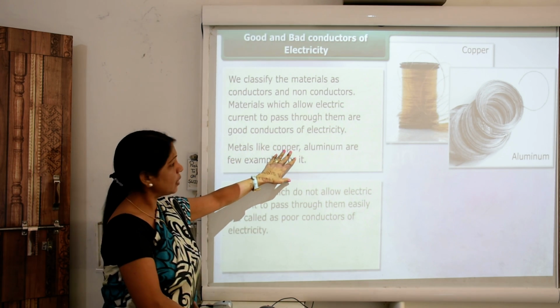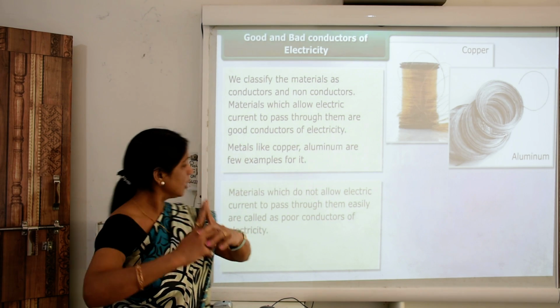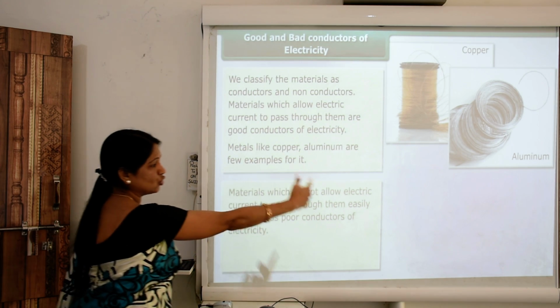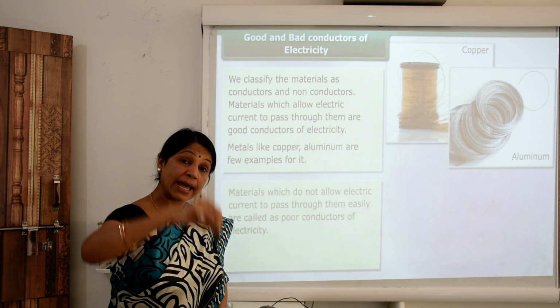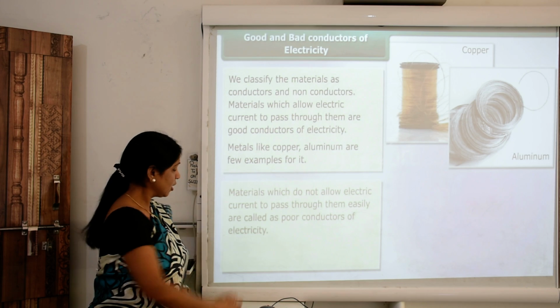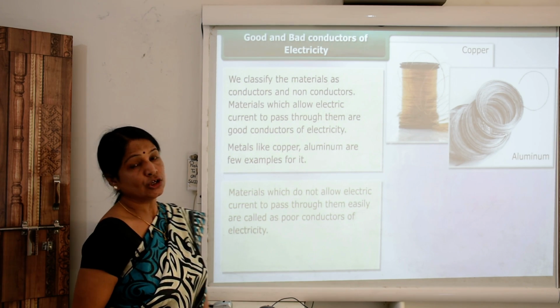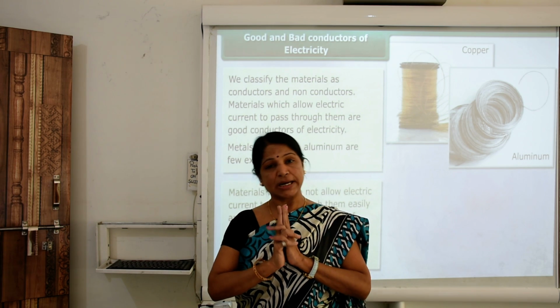Metals like copper and aluminum are a few examples. Materials which do not allow the electric current to pass through them easily are called poor conductors of electricity. So dear students, we have seen here two types of conductor.